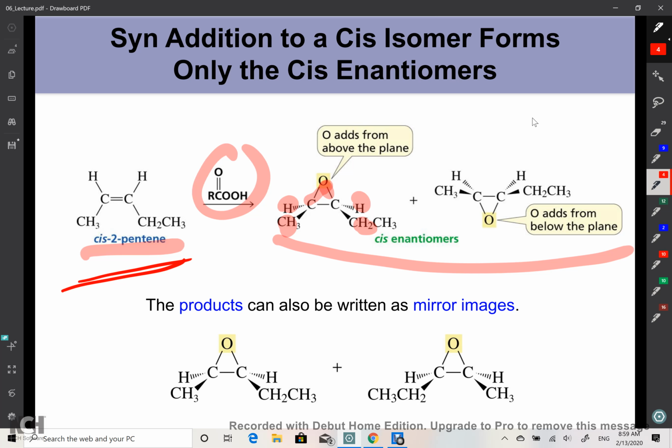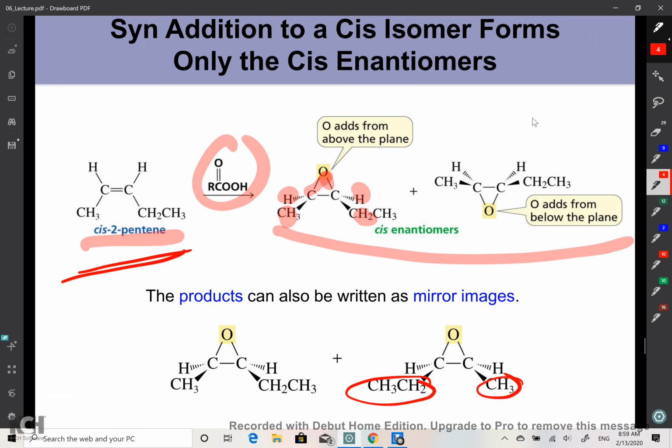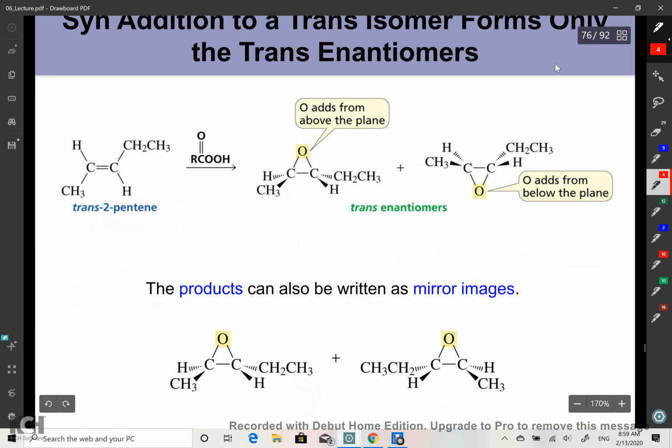What I mean by cis is that both groups, the bulky groups, are exactly on the same type of bond. But if you do the syn addition to a trans, the product also will be a trans. The groups will be on opposite types of bonds. I want us to take note of that. To a trans, it gives you a trans. To a cis, it gives you a cis.